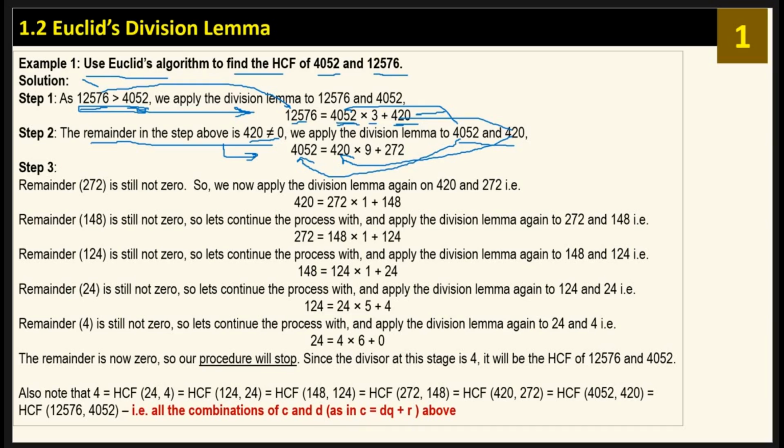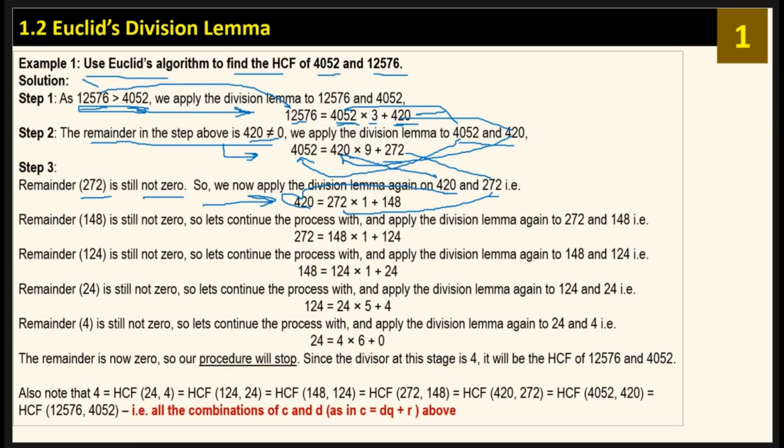We apply the lemma again and get the remainder 272. The remainder 272 is still not 0, so we apply the lemma again to the numbers 420 and 272. 272 comes from here, it was the remainder, and the current divisor 420 will become the dividend, and the remainder 272 will be the new divisor.